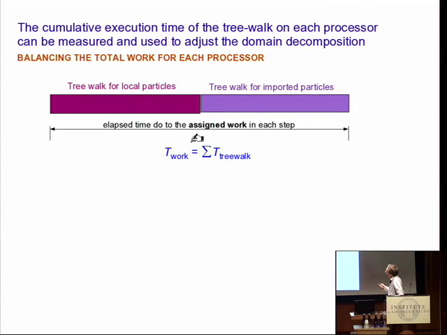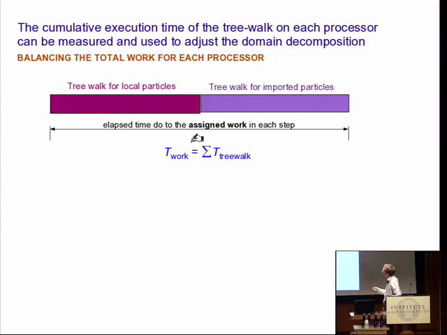Even though there's a top-level tree, sometimes you need to open tree nodes that are on remote processes, and instead of importing these tree nodes, actually Gadget turns this around and it sends the particle to another processor, lets it calculate the residual partial force and the results coming back. And that means that you also have to do this service for other processors, and so if you're an individual processor, you will first calculate forces for local particles and then do some forces as a service for imported particles, and you'll send back the results. So these are the 2 phases of this algorithm of a gravitational tree walk.